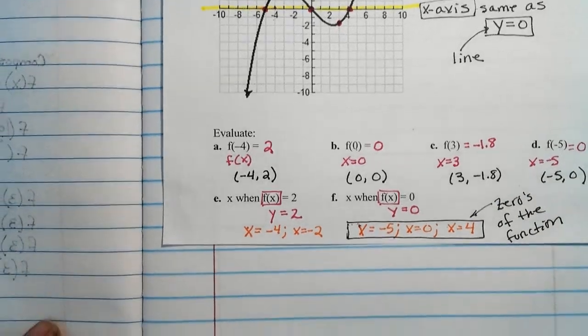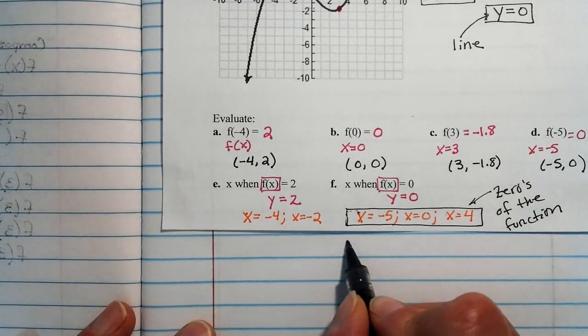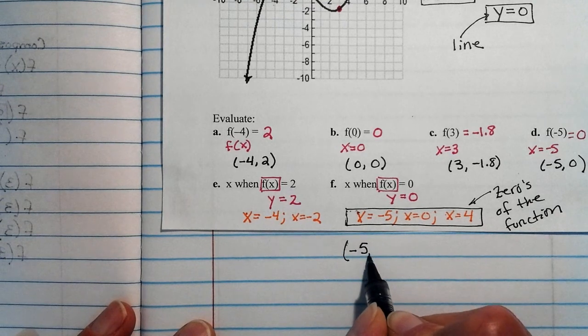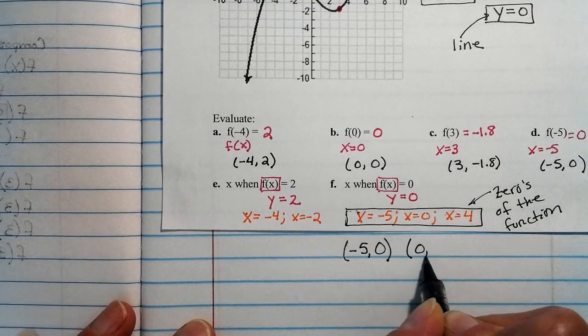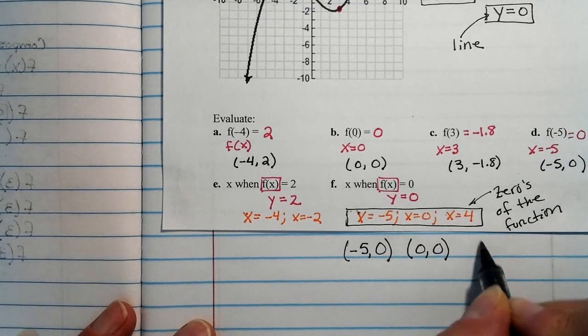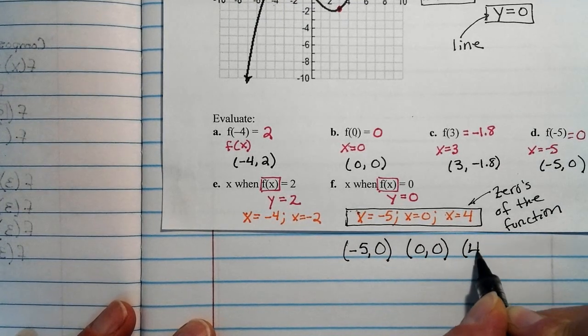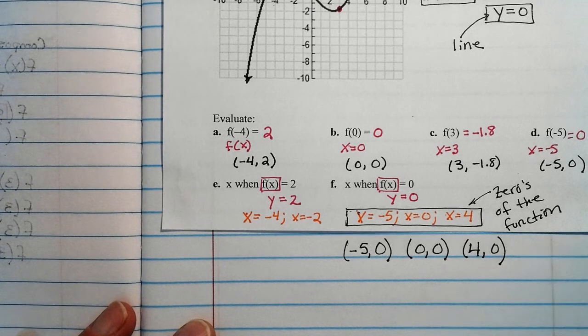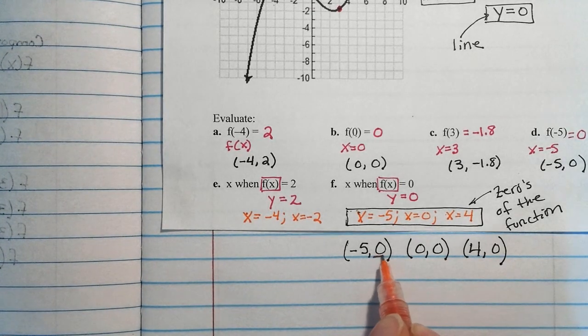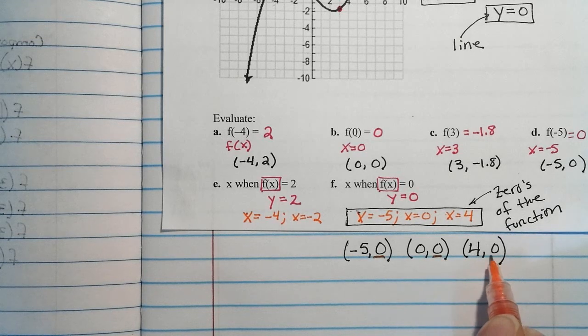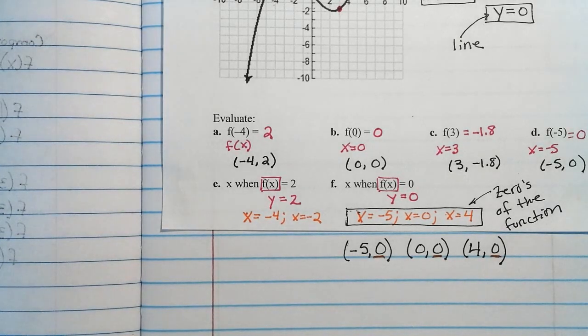And why is that? I'm going to write this down beneath, because where x is -5, y is 0. Where x is 0, y is 0. And where x is 4, y is 0. So we can see it's called the zero of the function because it makes my answer, y, always 0.